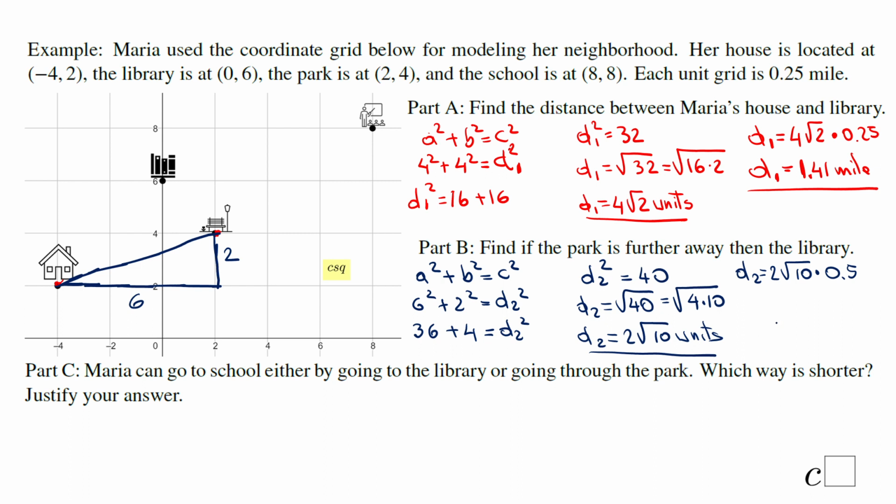So again, it's about taking the calculator now and putting this in: 2 times square root of 10 times 0.25. Let me erase that 0.5, because in fact it is 0.25 here.